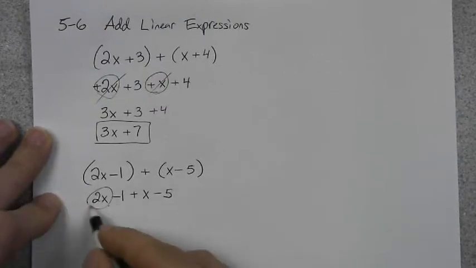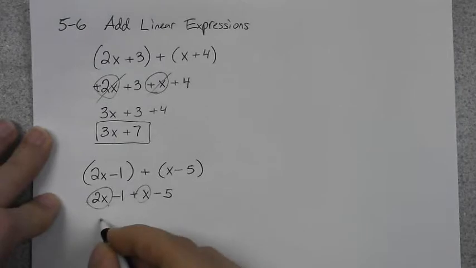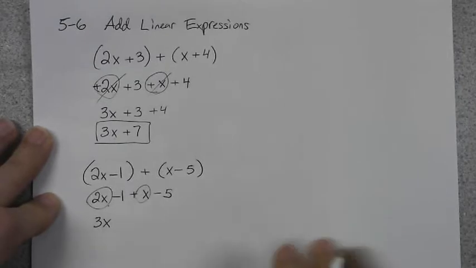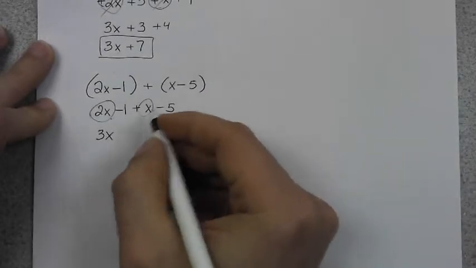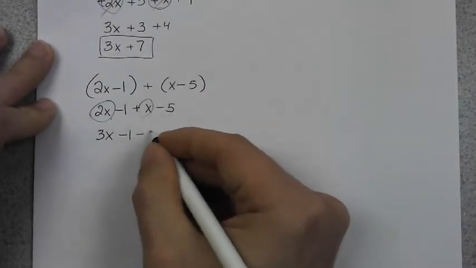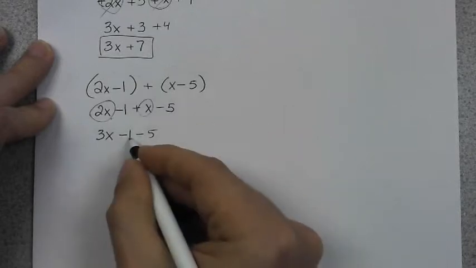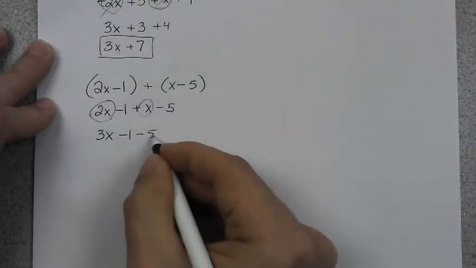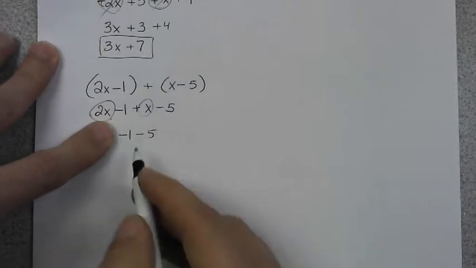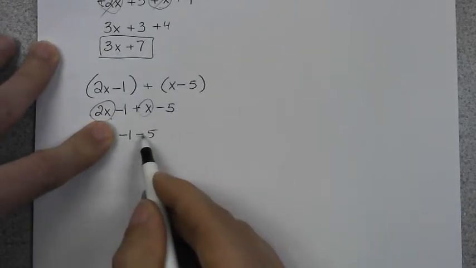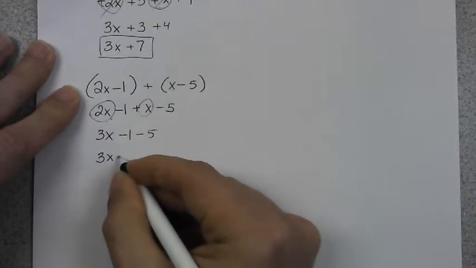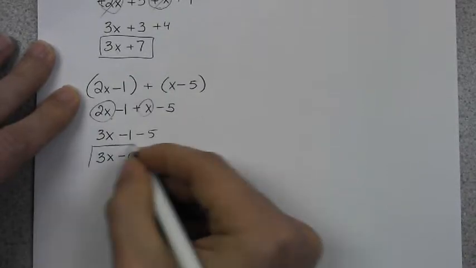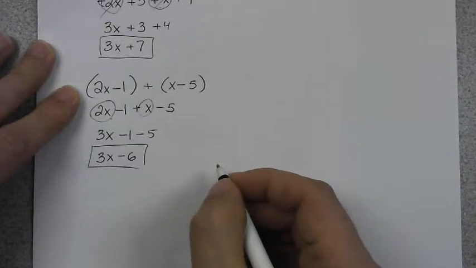Now, 2 x's plus an x, again, that's going to be 3 x's. And I still have my minus 1 and my minus 5. Minus 1 minus 5, that's going to be minus 6. Remember, if you type that in your calculator, minus 1 minus 5, minus 6, going more negative with that. So now we have 3x minus 6. And that is our answer.